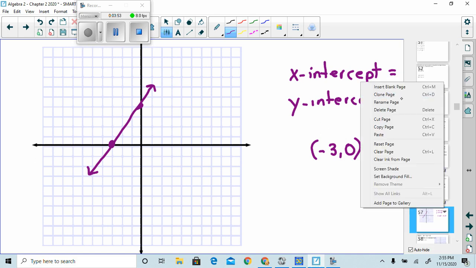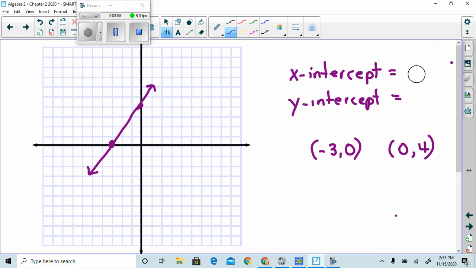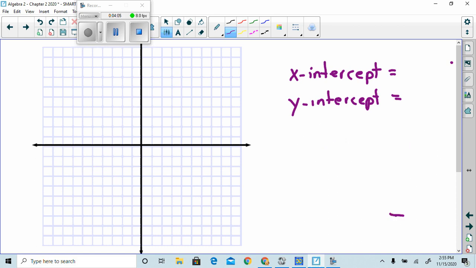We'll try an additional one. Let's change up these numbers on the second one now. Let's take this graph off and we'll start again. What if my x-intercept was 5 and my y-intercept was 2? This 5 is telling me that I'm going to go to the point on the x-axis 5, 0.